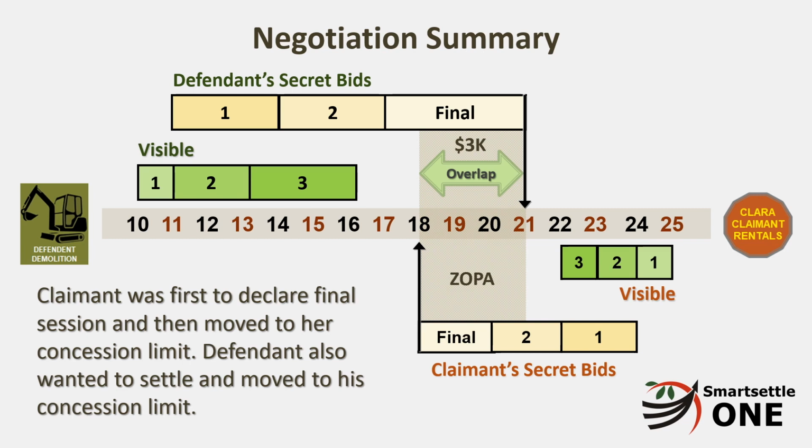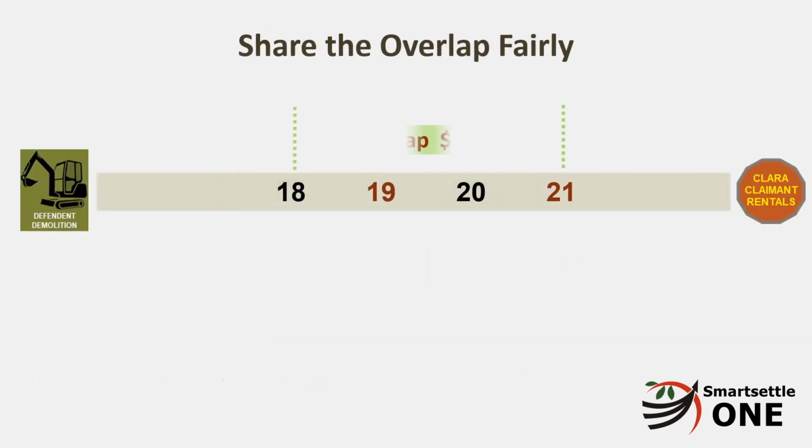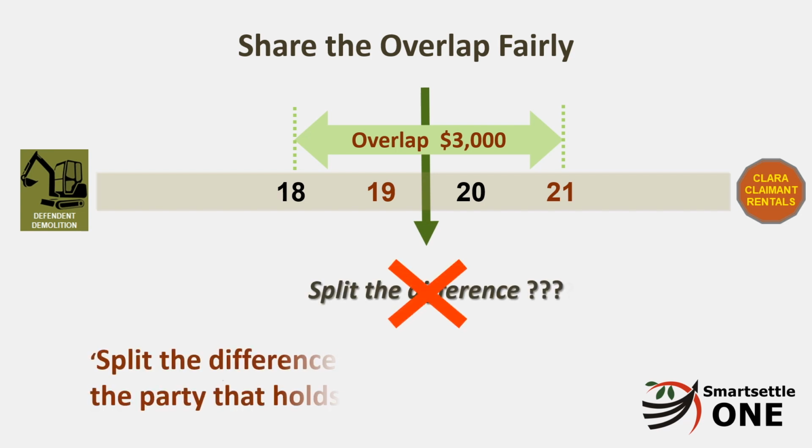You already saw that the agreement was declared to be 20, but how did that come about? The first thing that usually comes to mind is to split the difference, but that's a bad idea because it encourages the parties to hold back and has a chilling effect on the negotiations. Splitting the difference also reveals what the other party's secret bid was.